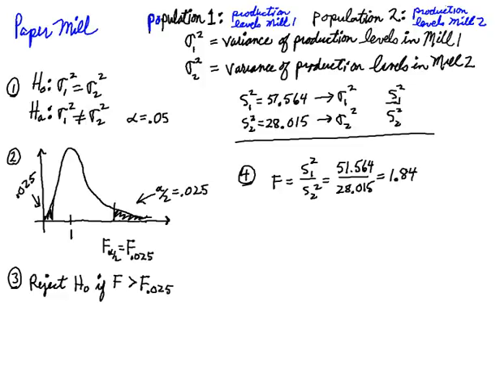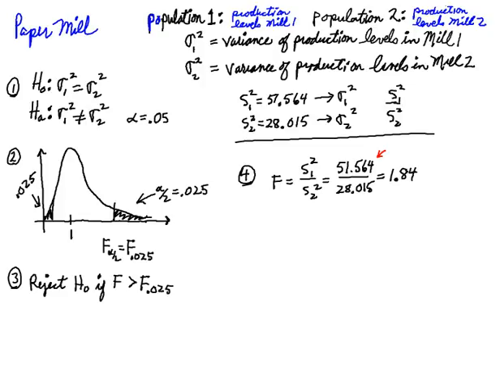Now I'm going to go ahead and go back here for a minute and get my critical value. And I'm going to use the F distribution table in the back of the book. There's really 3 numbers that you need to get the F critical value. You need the numerator degrees of freedom, and the numerator degrees of freedom is just the sample size you use to get that variance from population 1, subtract 1.